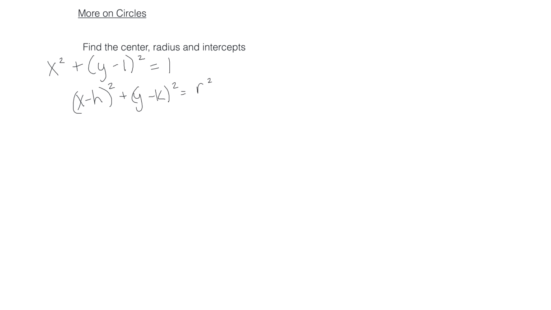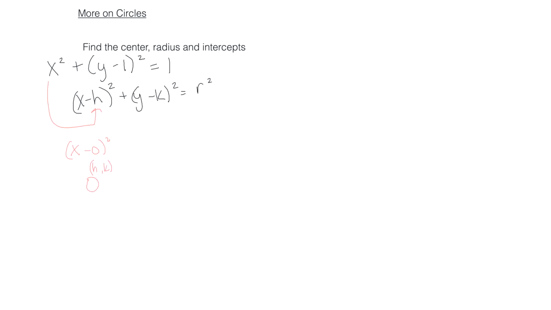So what is our x? This had to be x minus nothing squared in order to get just x squared by itself. So I'm going to say h is, I want to say Hong Kong. I know that's probably not right, but I don't know what else to say for those letters.